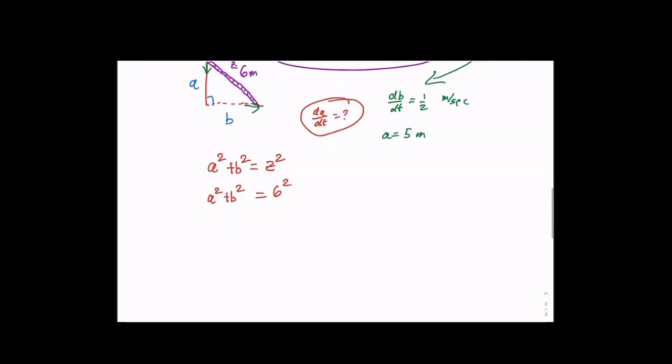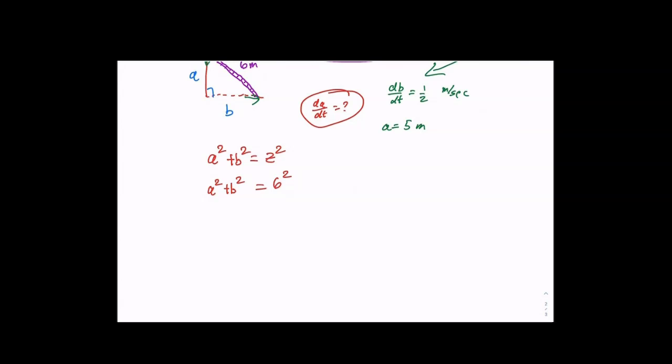What do I get as my derivative? It'd be 2A times dA/dt plus 2B times dB/dt equals 0.